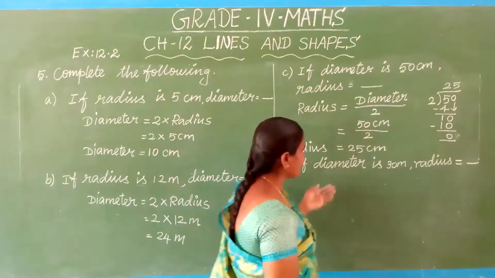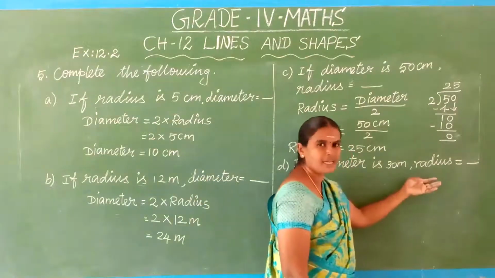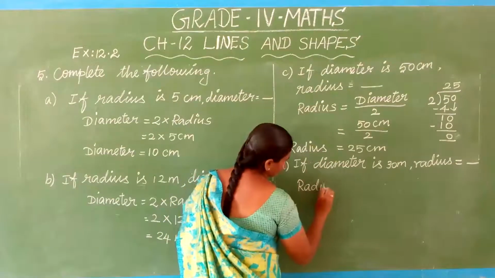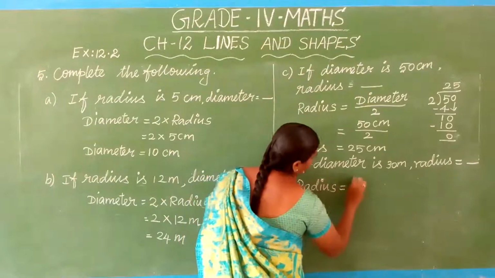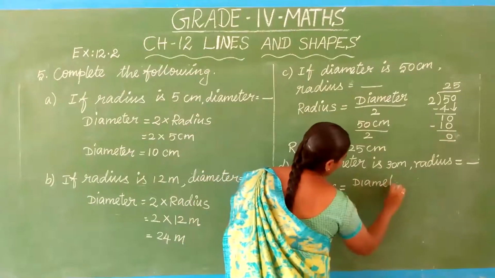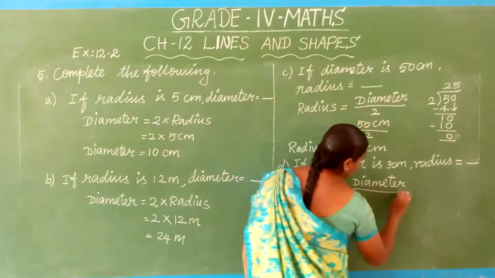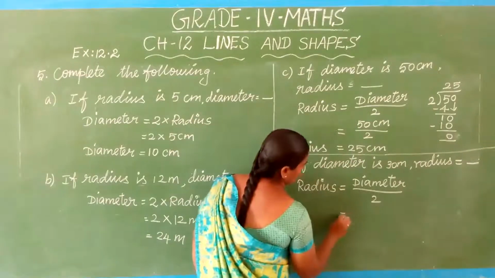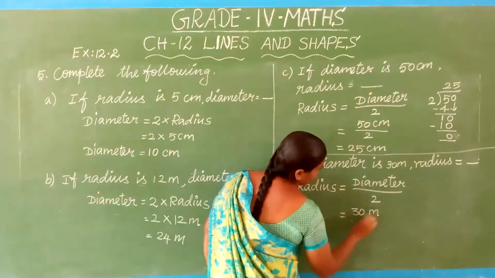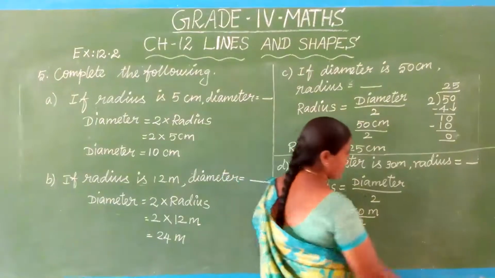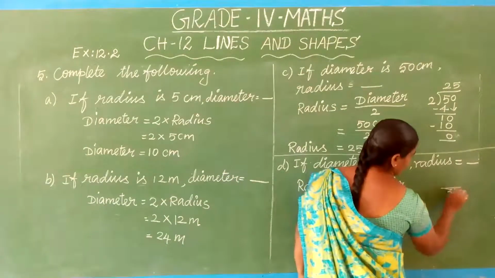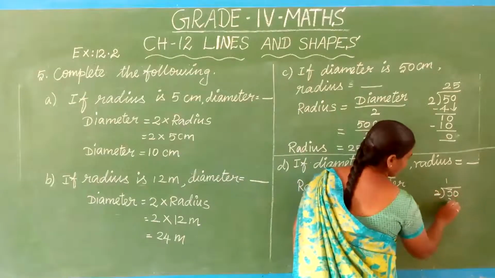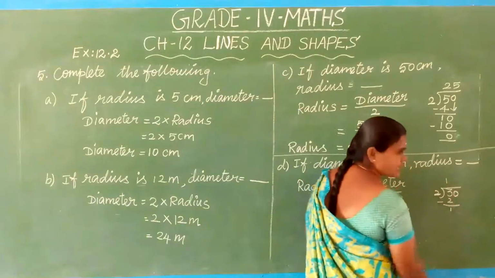Next question. If diameter is 30 meter, find the radius. So radius formula, radius is equal to diameter by 2. What is the diameter value? 30 meter by 2. Now divide 30 by 2. 1 2s are 2, then minus means we get 1.